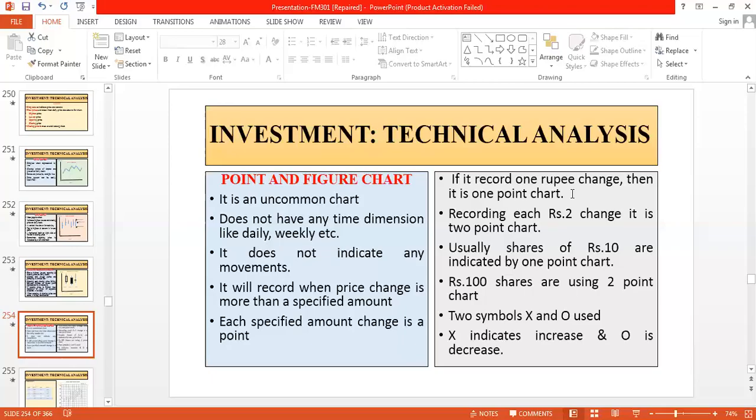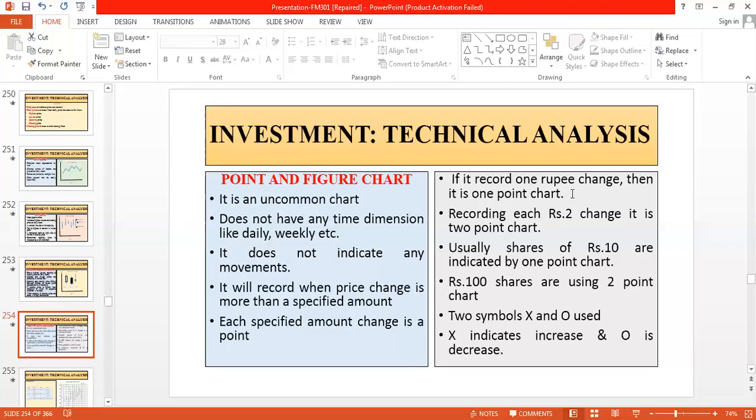Suppose we record 1 rupee change in the chart. If there is a change of 75 paise in a day, we will ignore that, and that will not appear in our diagram. If after the fourth day we observe 1 rupee change, then that will be noted.